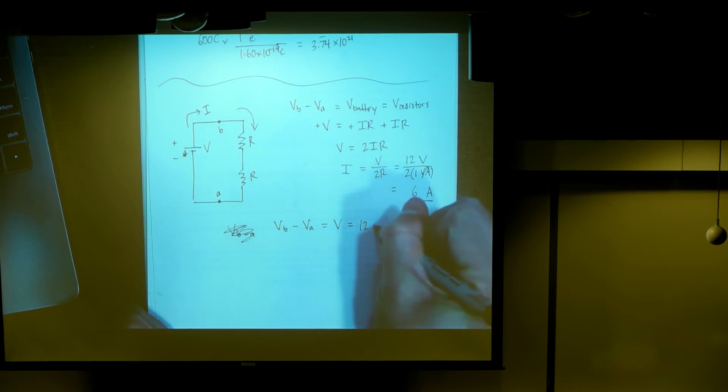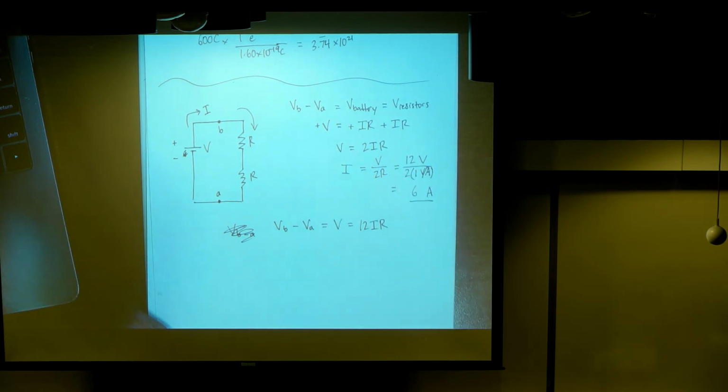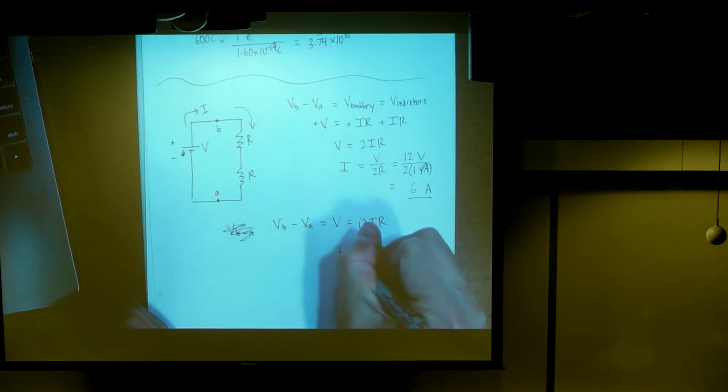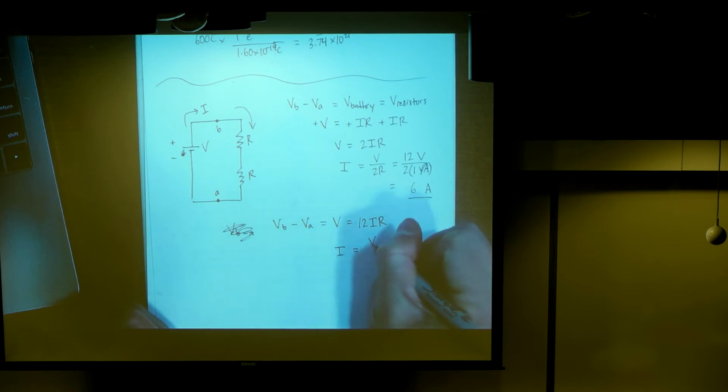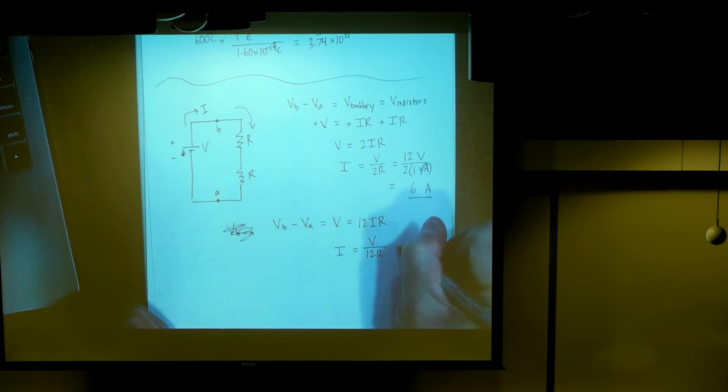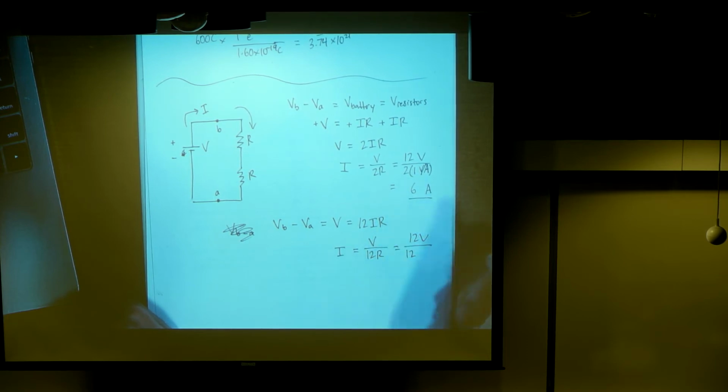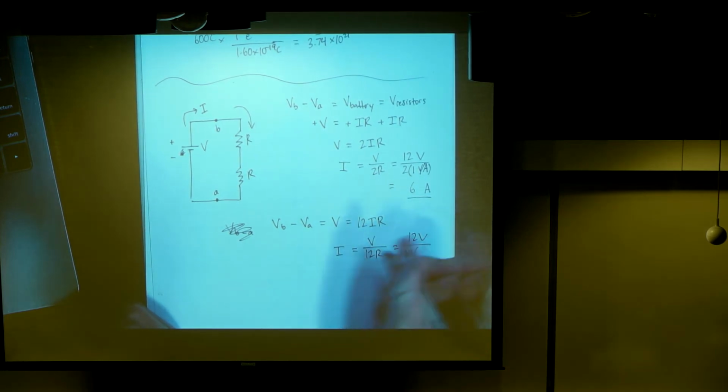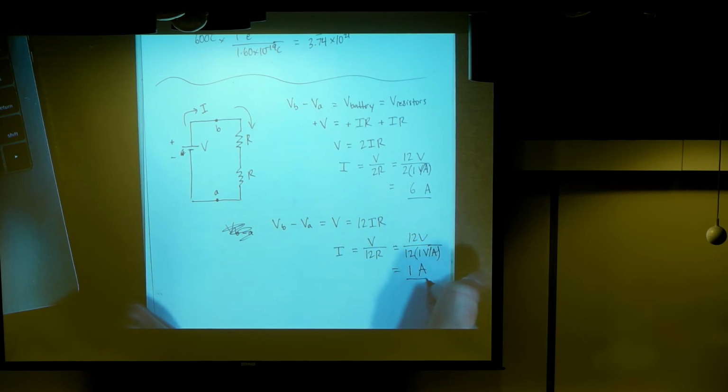So I'd have 12 IR in that case. So I'd be taking I equals V divided by 12R. So 12 volts divided by 12 times the resistance of each, which is 1 ohm, which is a volt per amp. So in this case, we just get 1 amp.